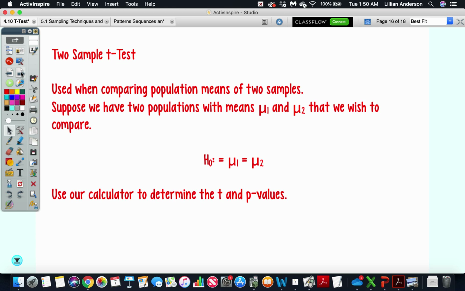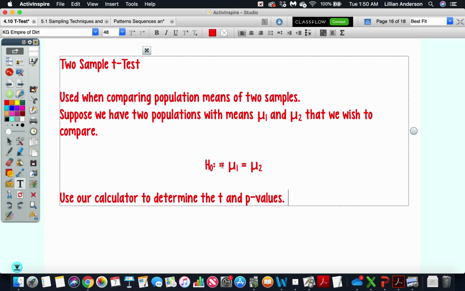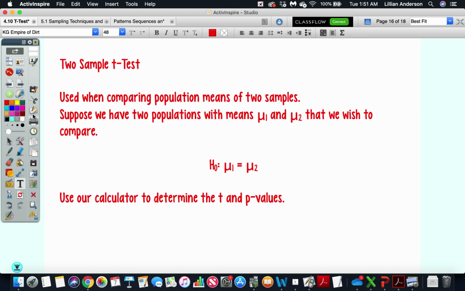When that happens, your null hypothesis is going to be mu sub 1 equals mu sub 2. So whatever the respective means are for the two different samples, that is what you use for your null hypothesis. And then of course we are going to use our calculator to determine the t statistic or the p-value, depending on what the problem asks you to do. That's what you want to find.